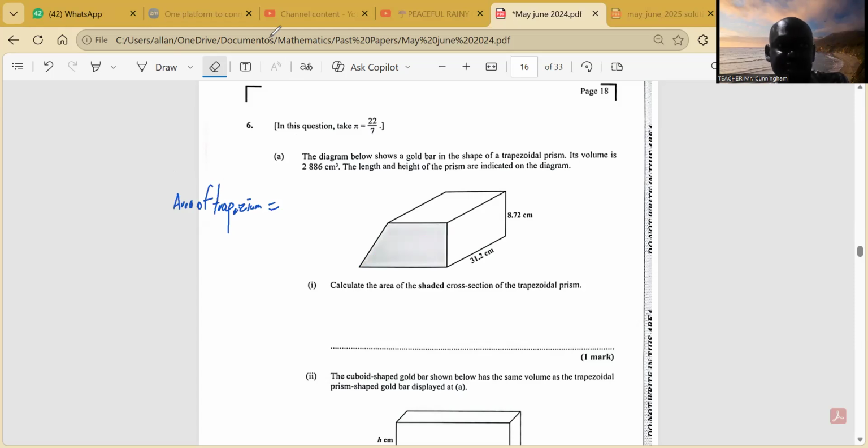There are six of us here. Half A plus B by H. Yes, thank you. So it's a half multiplied by A plus B multiplied by the perpendicular height. So go ahead, work out for me the area of the shaded portion.